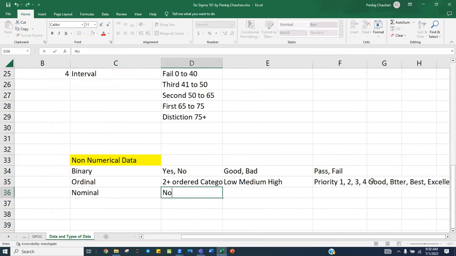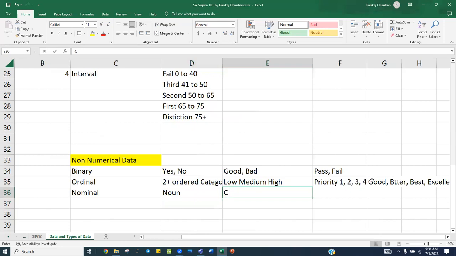Okay, nominal data is any noun. And I hope everyone knows a noun is the name of anything, like a person, place, or thing. So a noun means, for example, countries you have visited. These are all nouns. The kind of household somebody is purchasing, the name of the household, is a noun.